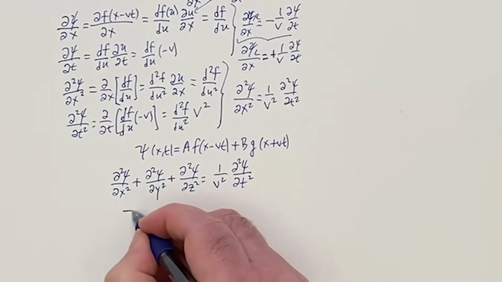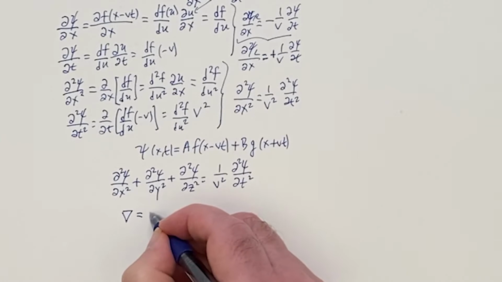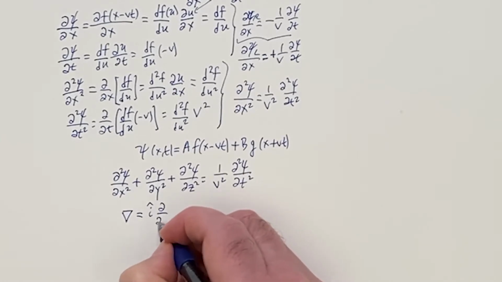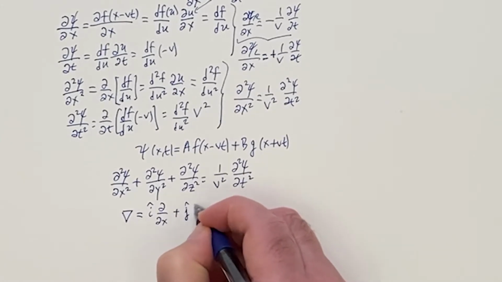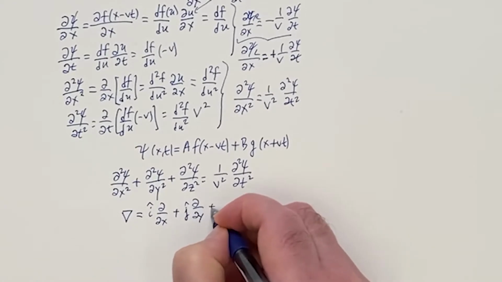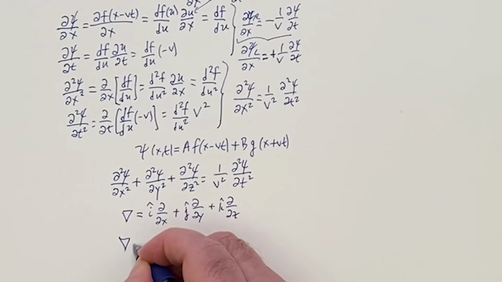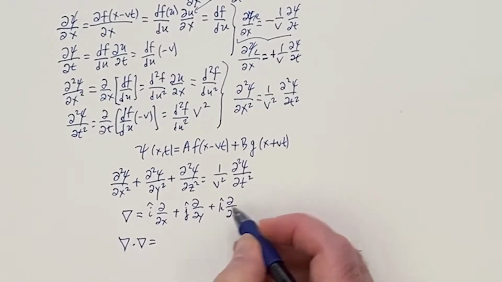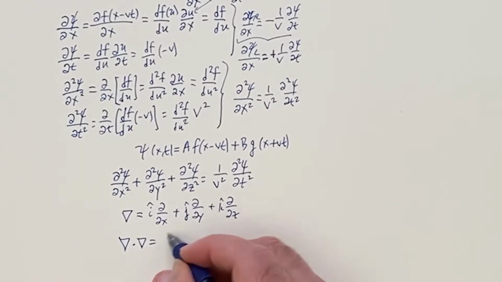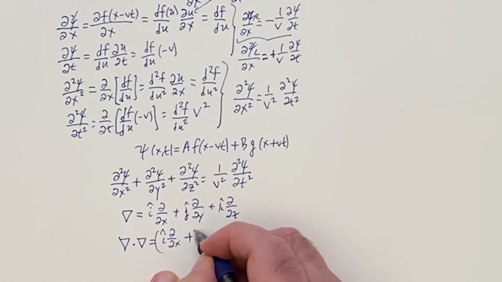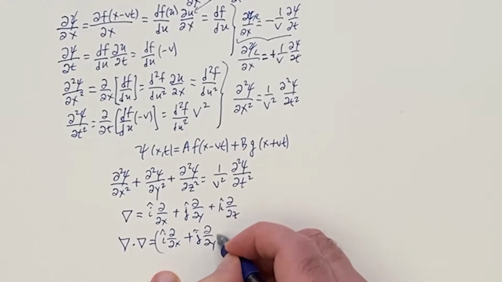And if you remember that the del here from the last class is i hat d dx plus j hat d dy plus k hat d dz, then if you take del dot del, then when you have this twice, like this, plus i, like that, just go ahead and write it out again.